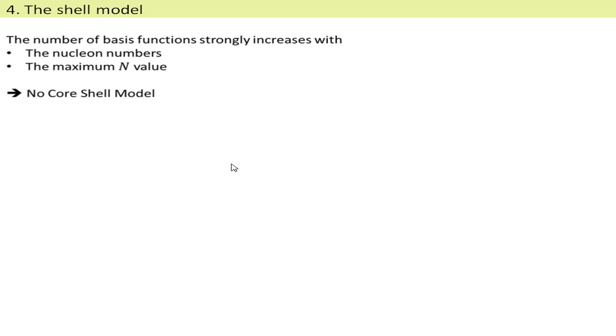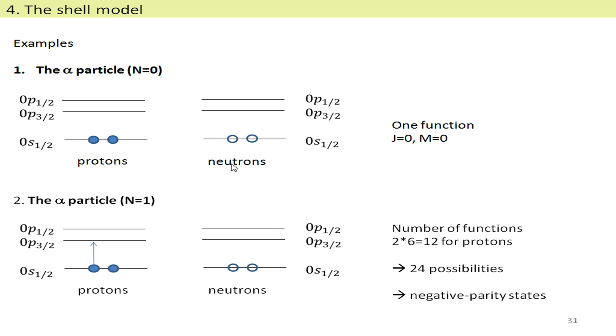And of course, you can continue like this. Here I just consider n equal 1, but you may consider n equal 2, 3, 4, etc. And if you count the number of possibilities, you will see that it increases very fast. So if you want to make an exercise, count how many states you can build with the alpha particle up to n equal 10 or 15.